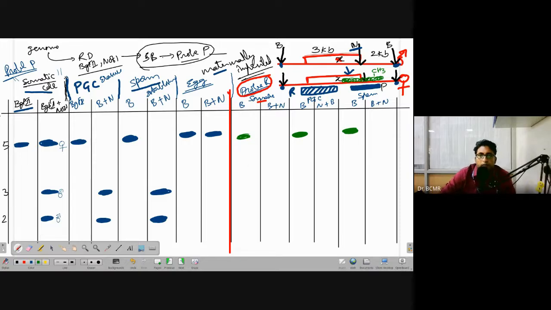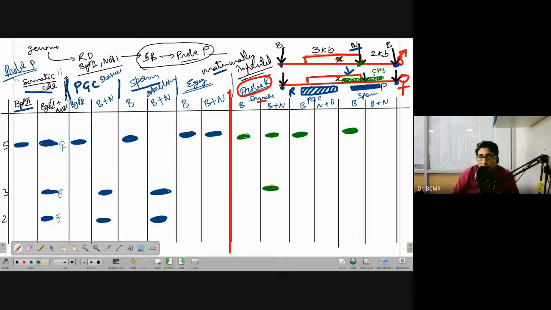In this case a cleavage would occur here from the paternal allele, whereas in the maternal allele, because it is methylated and we are talking about somatic cells, there would not be any cleavage. So we will get one 5 kb fragment from the maternal allele, and we will have one 3 kb fragment.